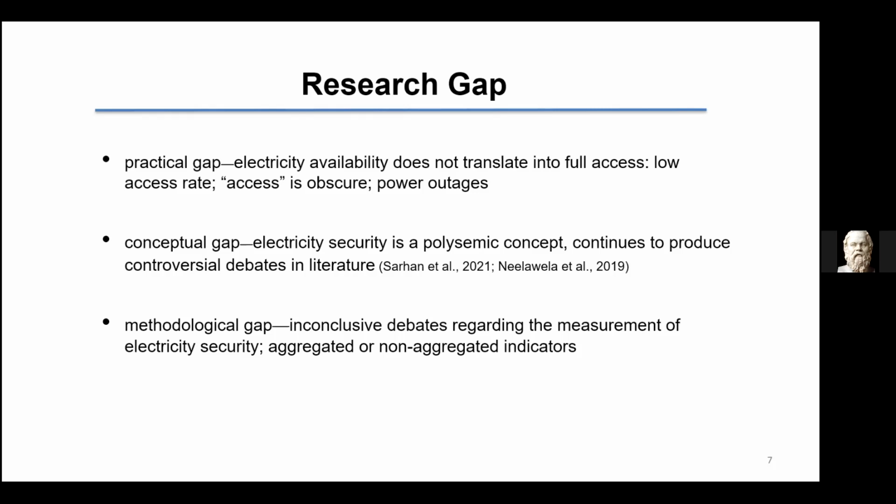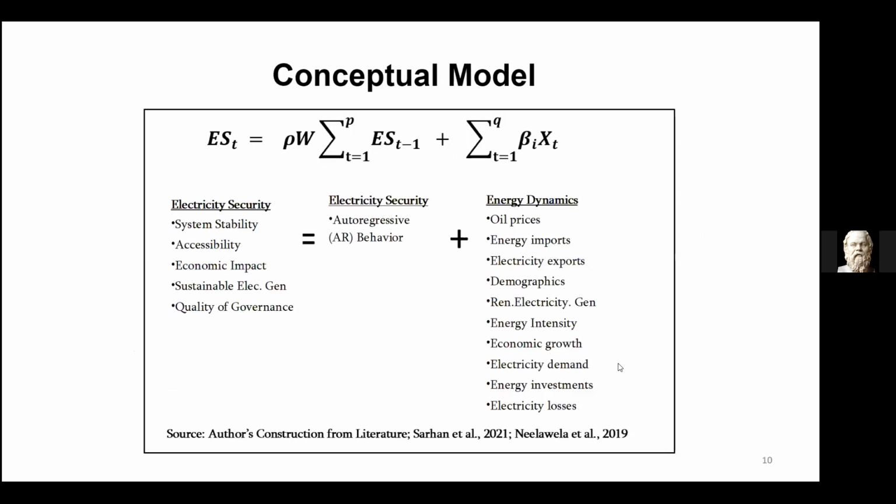Now, there's a slide I saw a few minutes ago, and I think you may have to rethink your conceptualization. You can take us to that very slide, the one that had the constructs of electricity security. I think they are even here. I can see you've got system stability, accessibility, economic impact, and I think literature is awash with constructs that you haven't thought about.